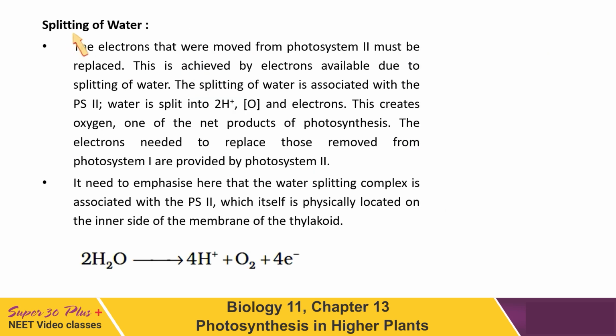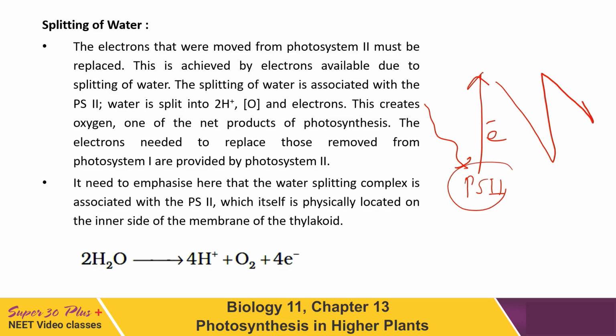See, splitting of water, I told you, in this photosystem second, the light has been absorbed, and the electron has come out. The electron will not be back to this chlorophyll molecule. So how will this chlorophyll come to the normal state? Here the water will be split up.